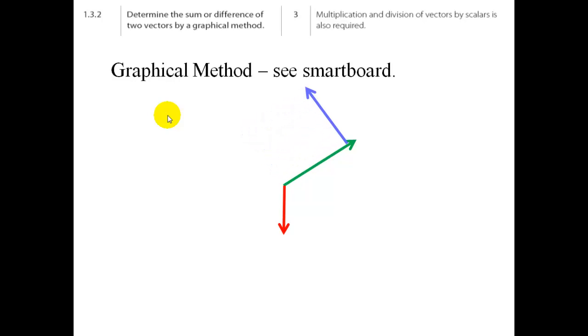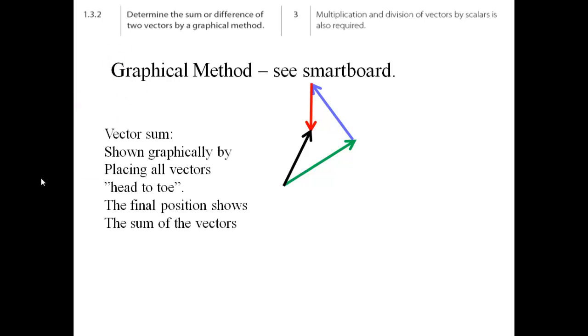We move the blue one up there, so from the top of the green we have the blue vector, and then we place the red vector on the end of the blue vector. So the sum of the vectors is the black vector here. So we basically show graphically by placing the vectors head to toe, and the final position shows the sum of the vectors.